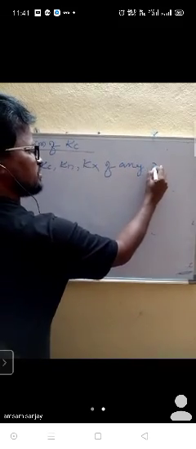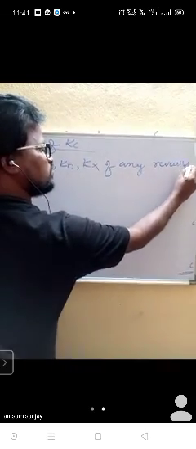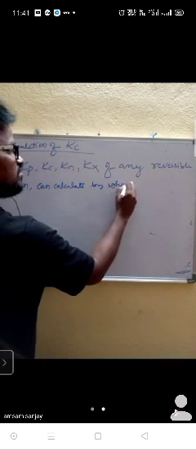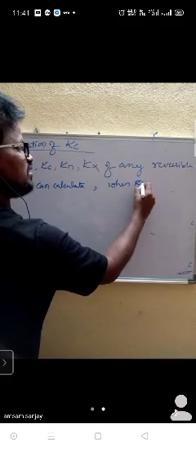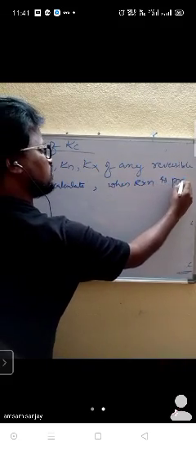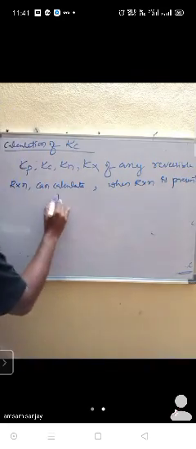It means Kp, Kc, Kn, Kx, anything. See, Kp, Kc, Kn, Kx of any reversible reaction can be calculated when the reaction is present at equilibrium time.